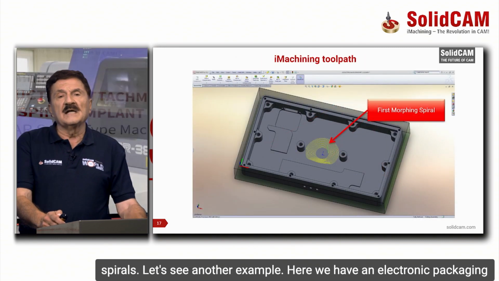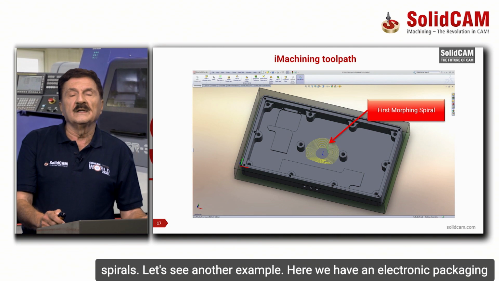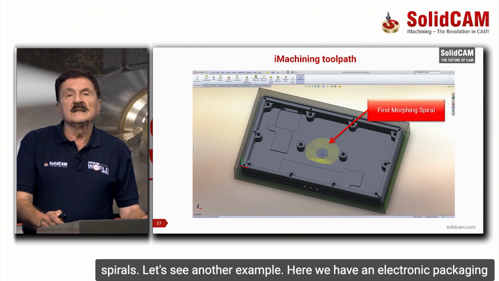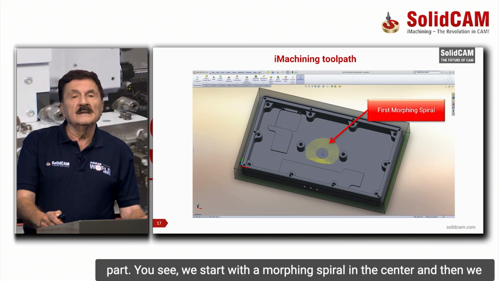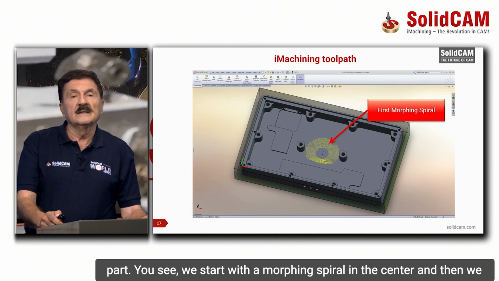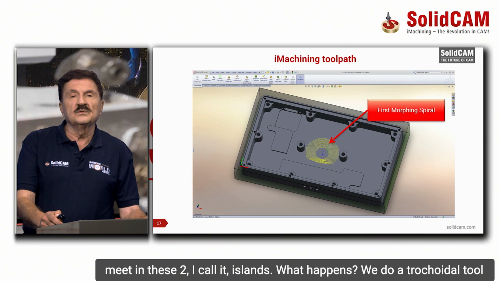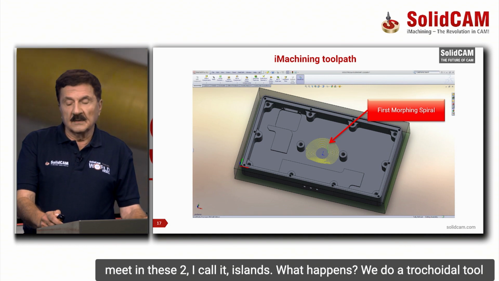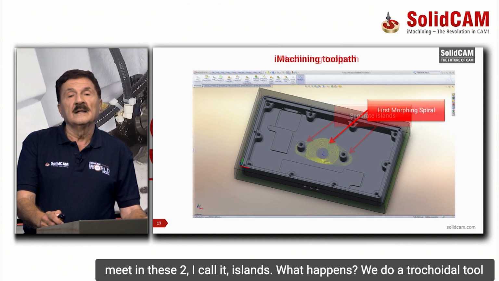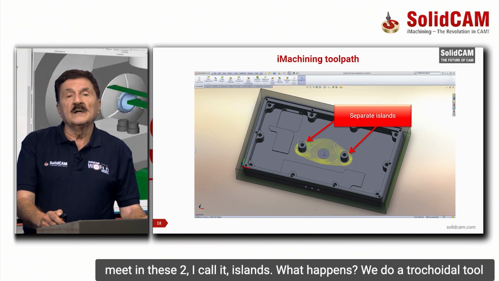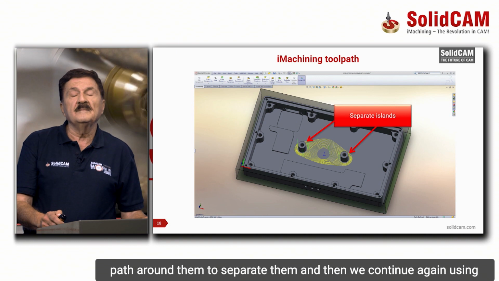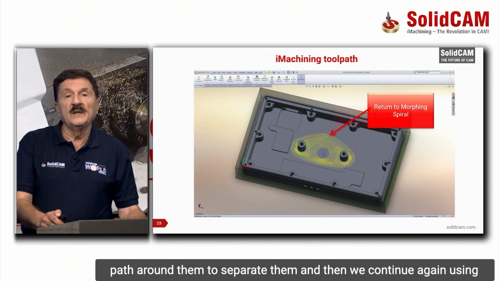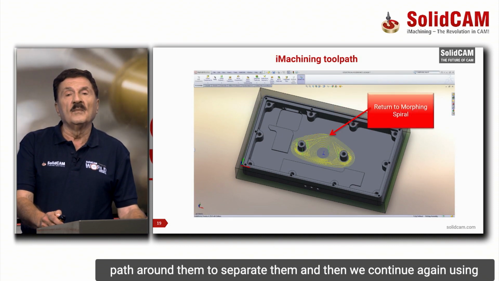Let's see another example. Here we have an electronic packaging part. You see, we start with a morphing spiral in the center, and then we meet two, I call it islands. What happens? We do a toroidal toolpath around them to separate them, and then we continue again using morphed spiral.